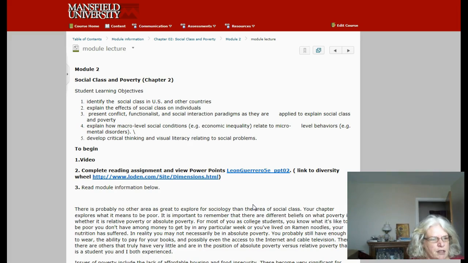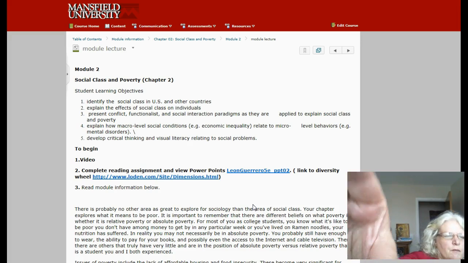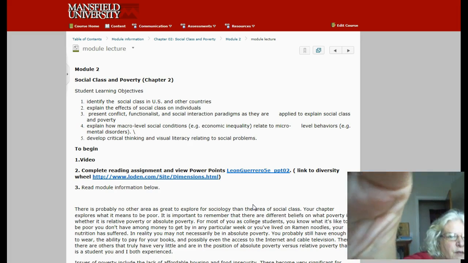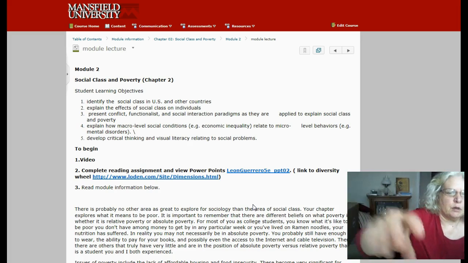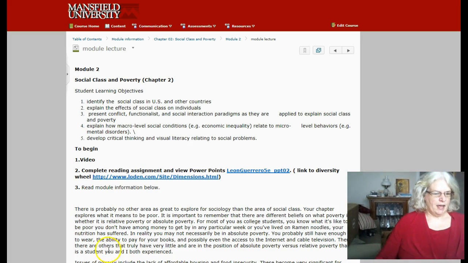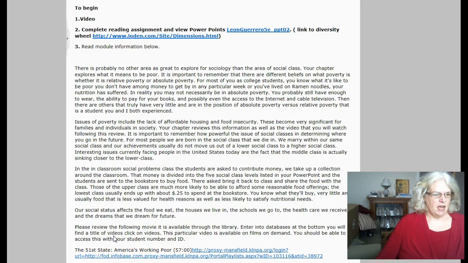So identifying social class here as well as other places is part of this process in this chapter. There's probably no other greater area. Your chapter explores a number of things here, including the difference between relative and absolute poverty, and how it comes into effect. And we look at the issues that come into place.